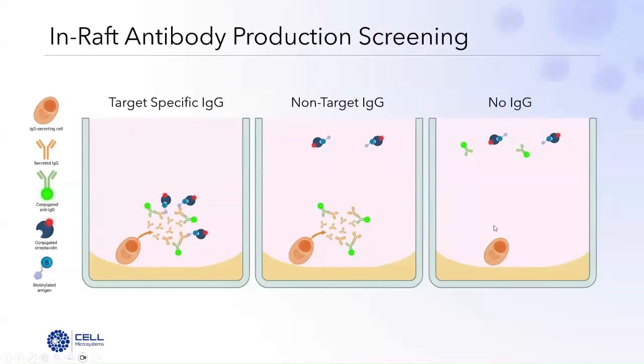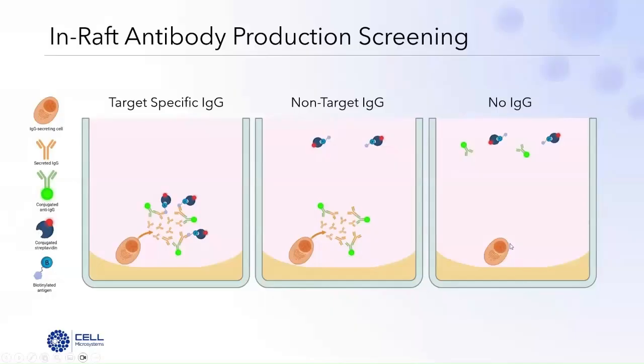What you can see in these cartoons is 3 potential readouts in the assay. We can add into the media of the microwells antibodies that can capture generic IgG, as well as assess for specific antibody production using biotinylated antigens and conjugated streptavidin secondaries that have a fluorochrome attached.